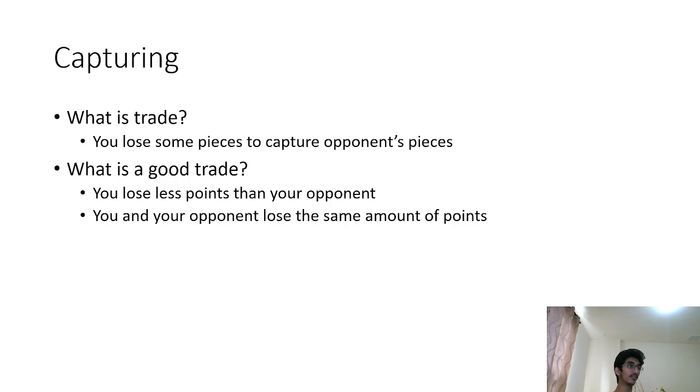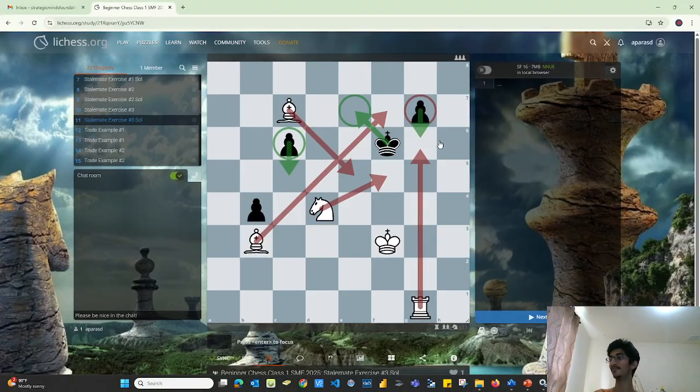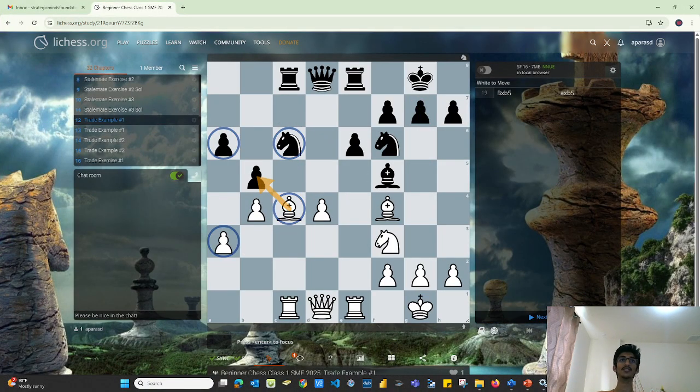So I want to show you guys some examples of trades and whether they're good or not, right? Over here, a good trade is like when you trade a piece for a piece, but sometimes you can say exchange or trade to represent any exchange of pieces, any time you lose some pieces and they lose some pieces.